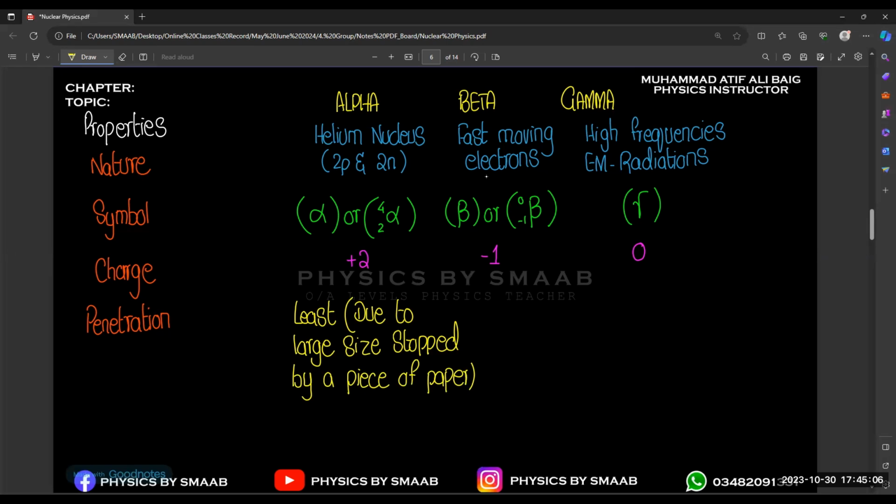And if we talk about beta particles, beta particles are more penetrating, so it's in the middle. Yes. So beta has moderate penetrating power as compared to alpha and gamma.